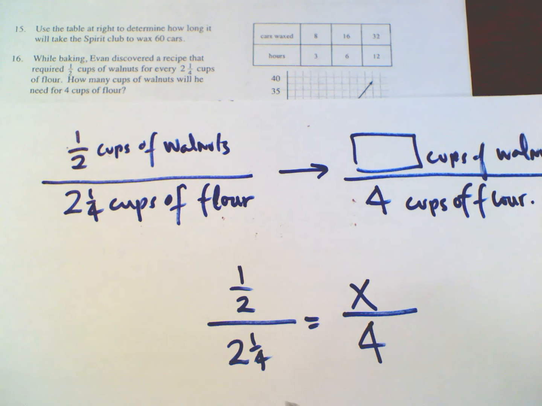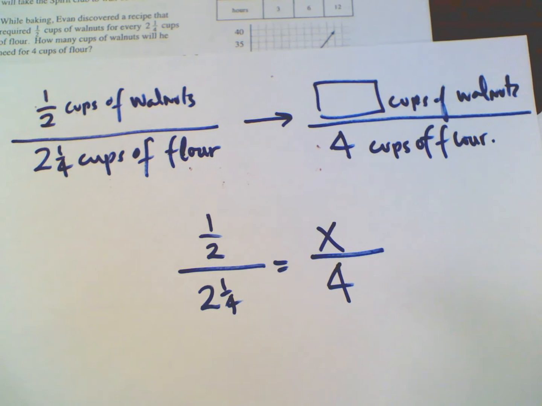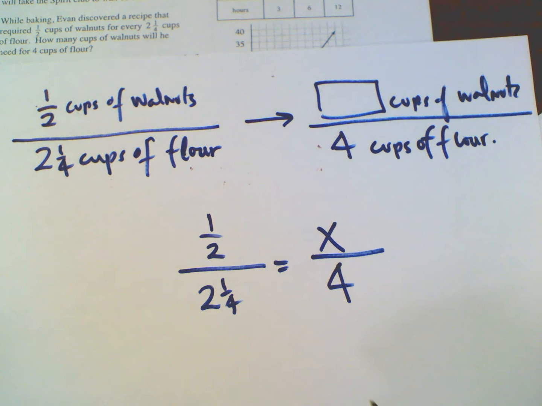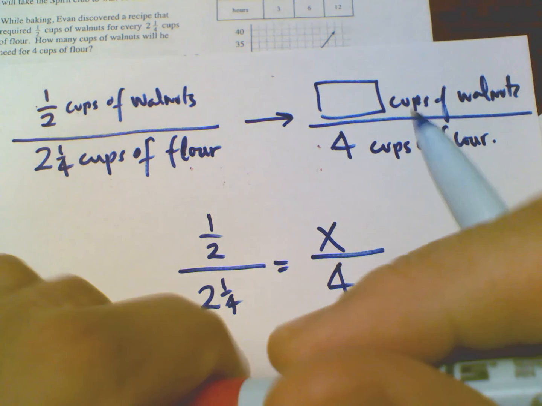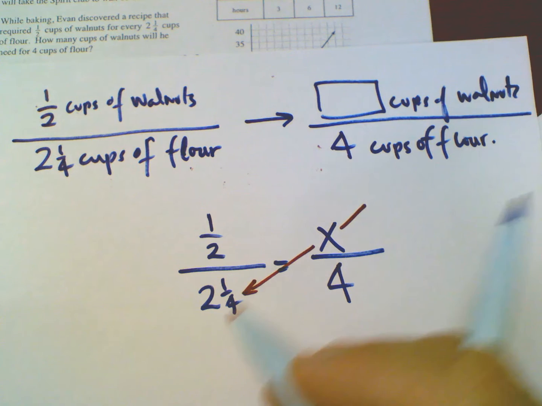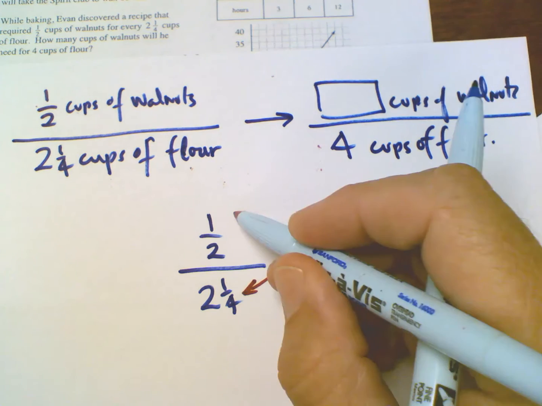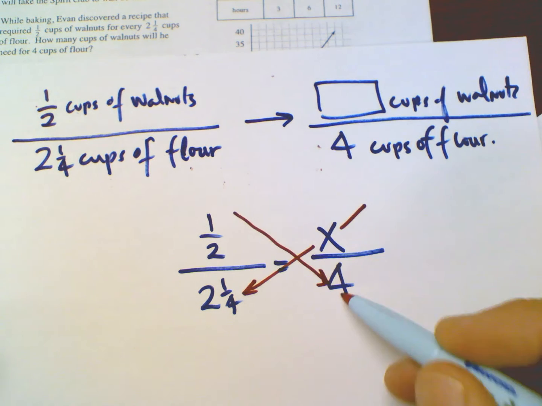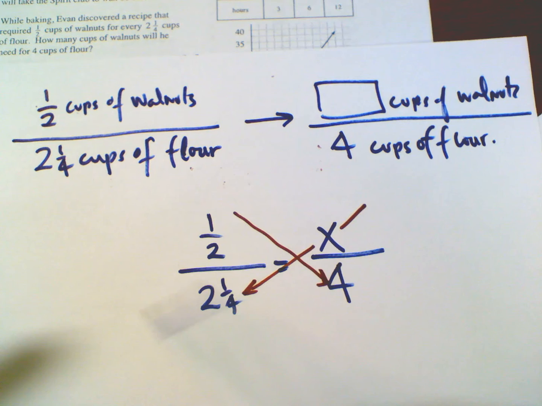So with the proportion, there's sometimes a nice, easy way to just multiply that number to get 4, and you can move on. But you can also do what we call cross multiplication when you have a proportion set up. What that means is I can multiply this X times the 2 1/4, and I can multiply the half times the 4 and set up an equation.